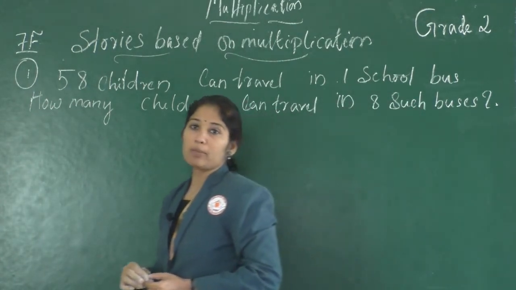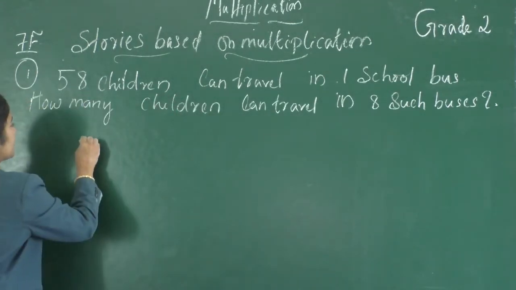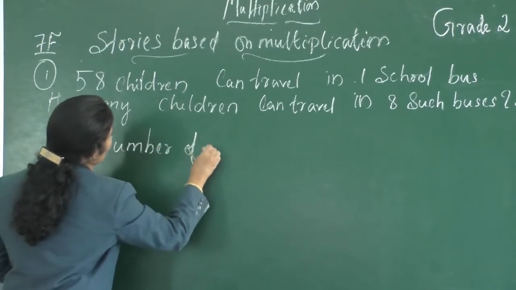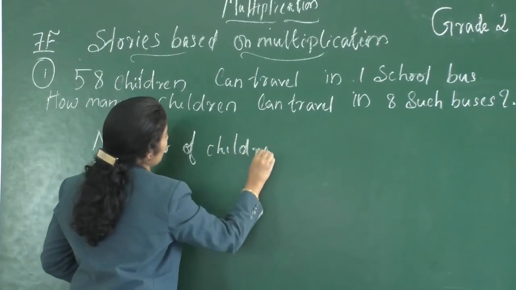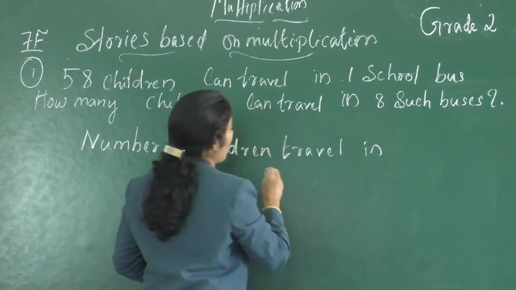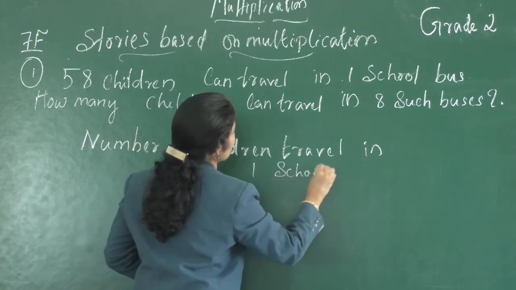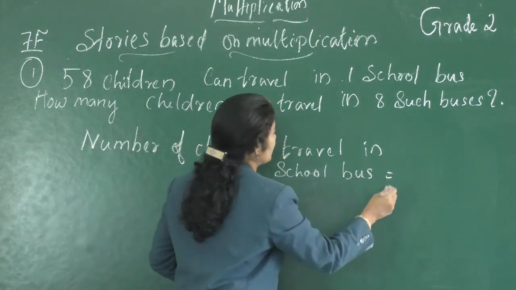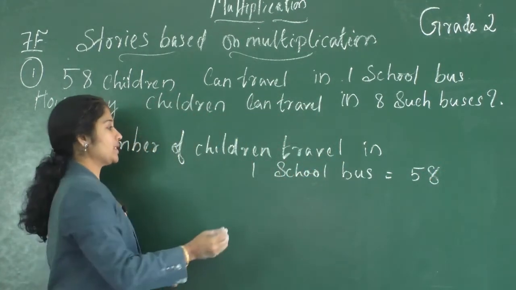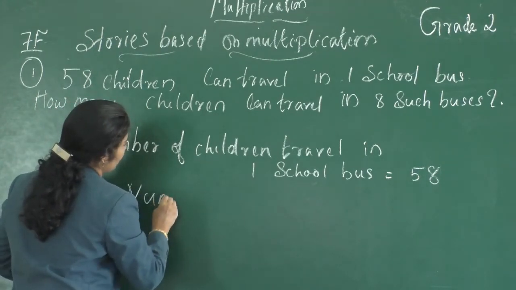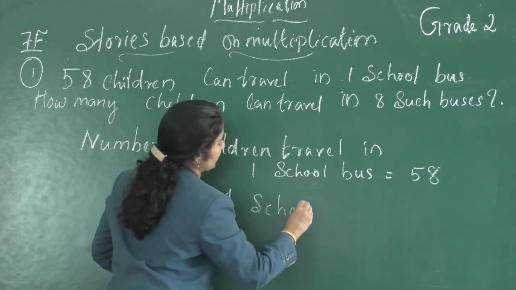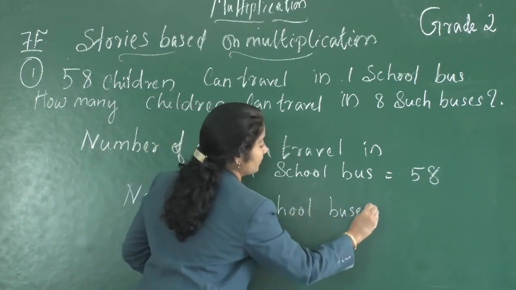So, the number of children traveling in one school bus is equal to 58. Number of school buses.